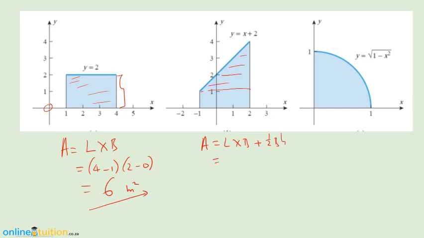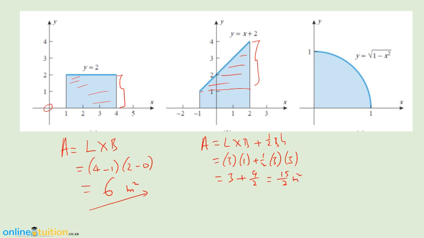The length of this rectangle is 2 minus 1, which is 3, and the height of that is going to be 1. The base would be the same, so it's 3. And the height, be very careful here, of that rectangle is 4 minus 1, which is 3. So that's 3 plus 9 over 2, is that right? And that becomes 15 over 2, let's say meters squared for now.